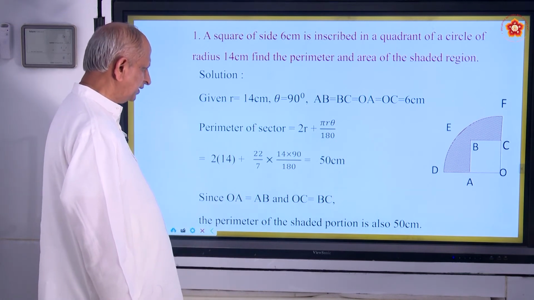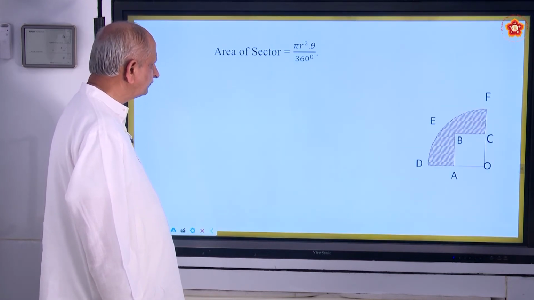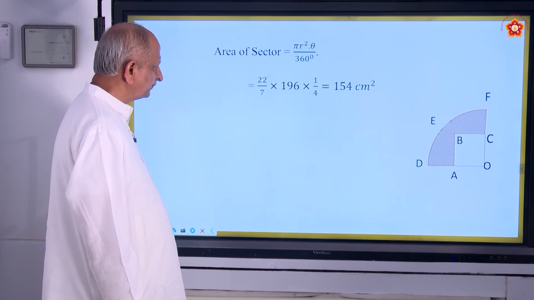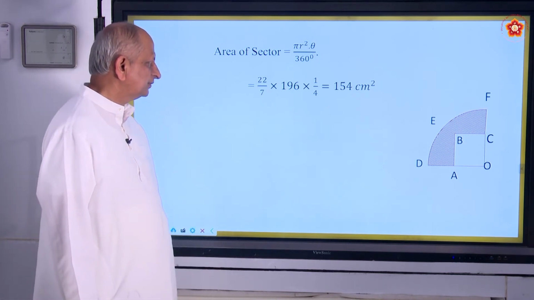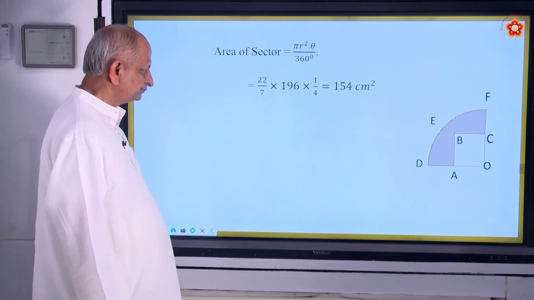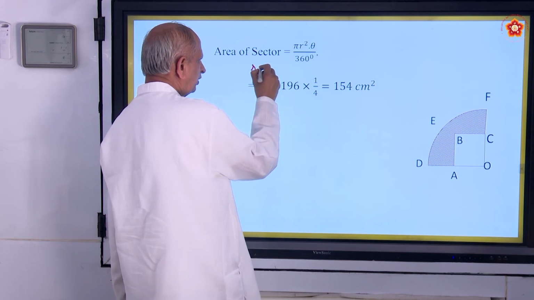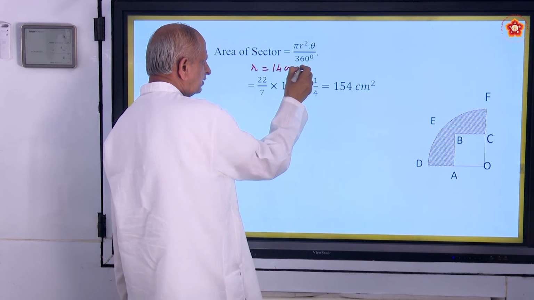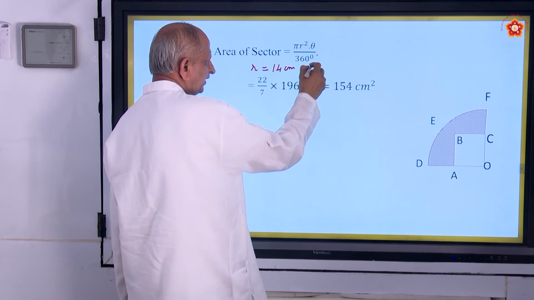That is the question. Now area of the sector is equal to pi r square theta by 360 degrees. So pi is 22 by 7, r square is 14 square, where r is equal to 14, and theta is 90 degrees.